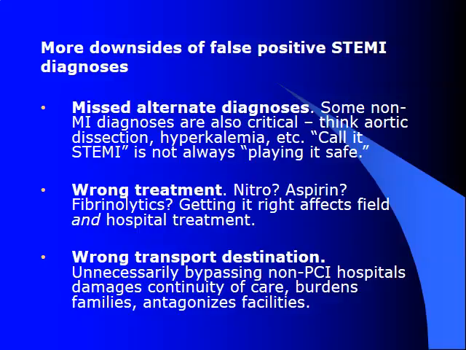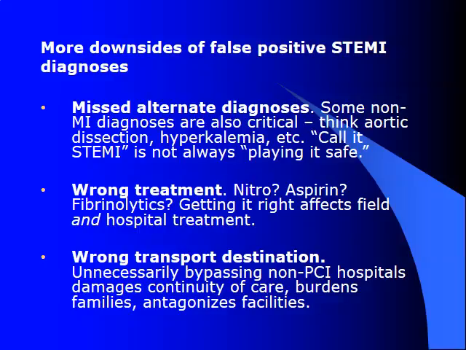We also have some more downsides here. Whenever we go down the path of a STEMI, we can miss an alternate diagnosis, diagnoses that are just as critical as STEMIs, if not more, such as an aortic dissection or hyperkalemia.